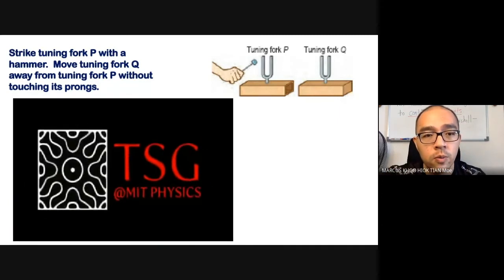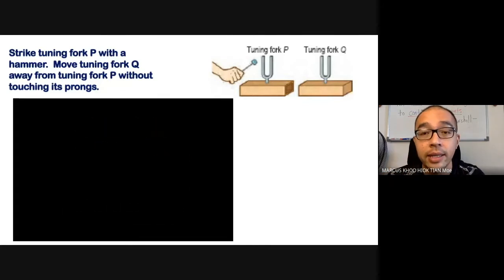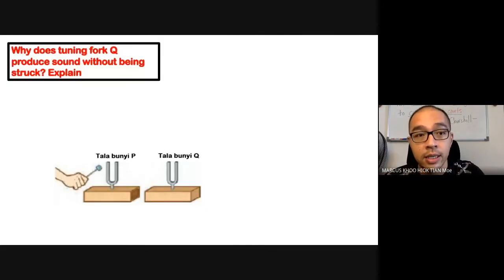So what you saw in the video just now is exactly an example of resonance. So why does the tuning fork Q produce a sound when it is not even being touched? They are not even touching one another, and yet, you will find that Q has a sound, unless you add the weight. That one changes things.